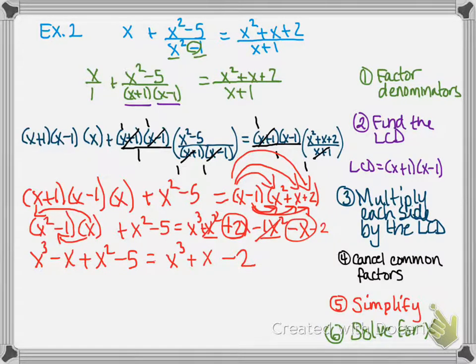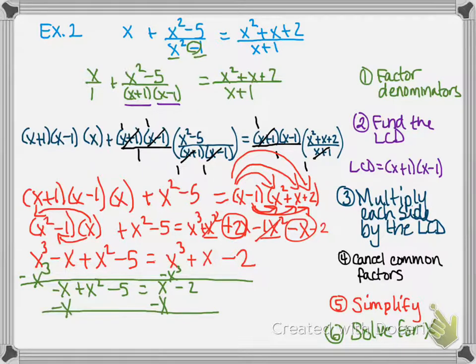Okay, let's solve for x. Let's subtract x cubed, and they cancel out. Let's subtract x's, and I have x squared minus 2x minus 5 equals negative 2.